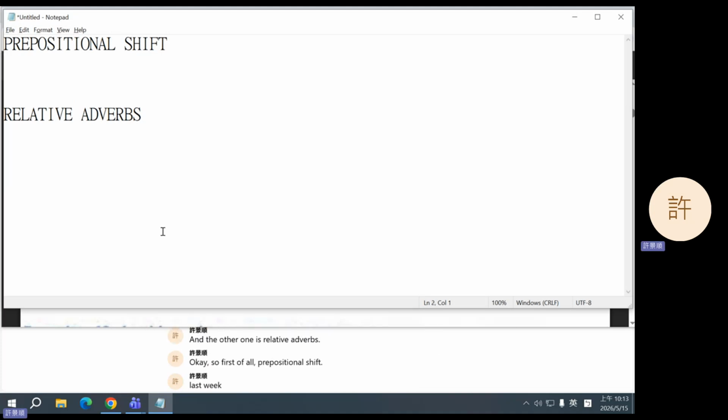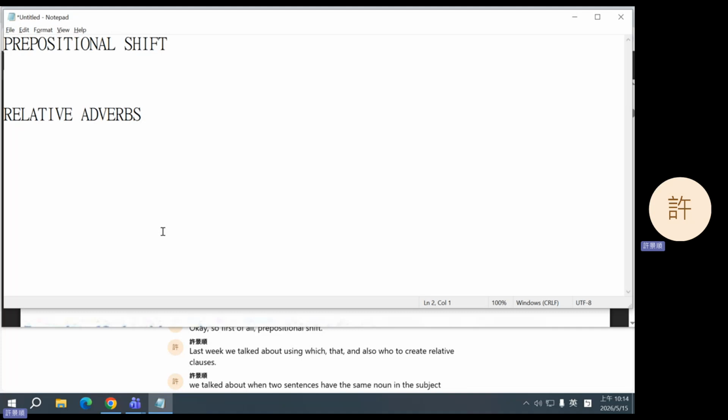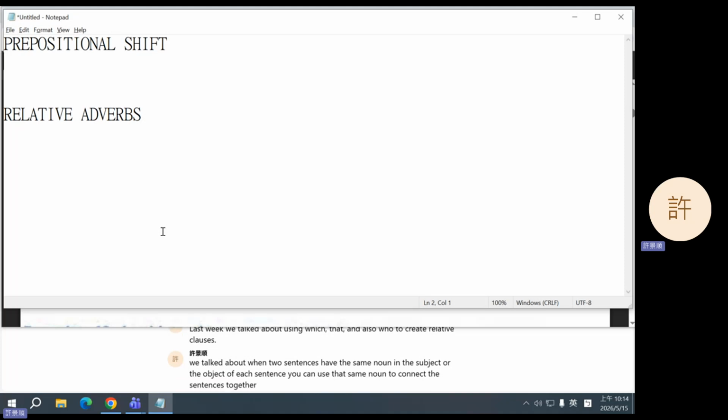Last week we talked about using which, that, and also who to create relative clauses. We talked about when 2 sentences have the same noun in the subject or the object of each sentence, you can use that same noun to connect the sentences together by creating a relative clause.